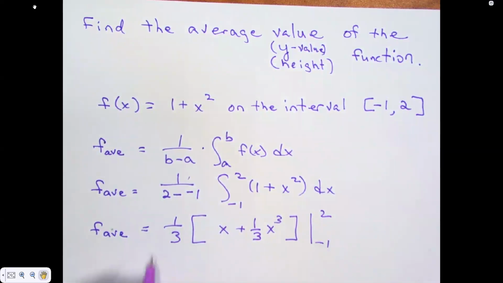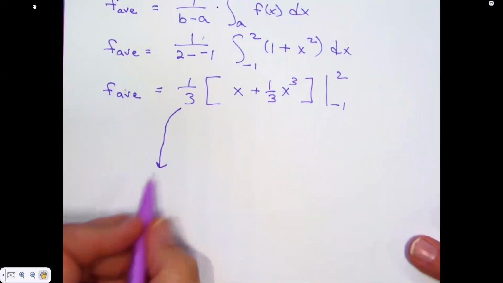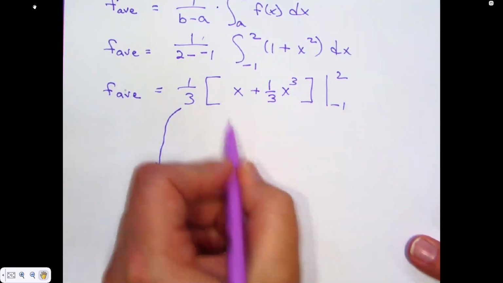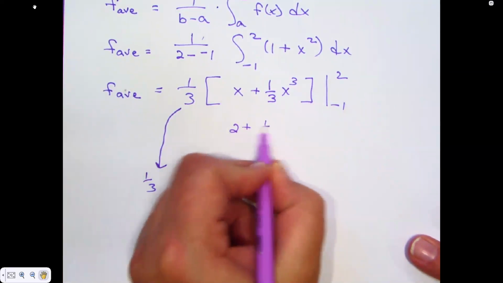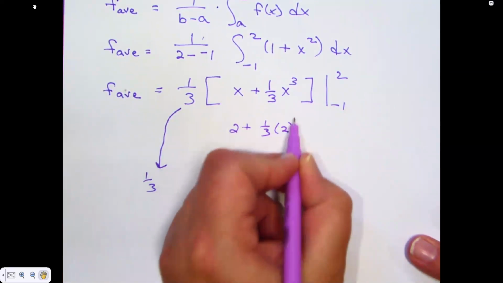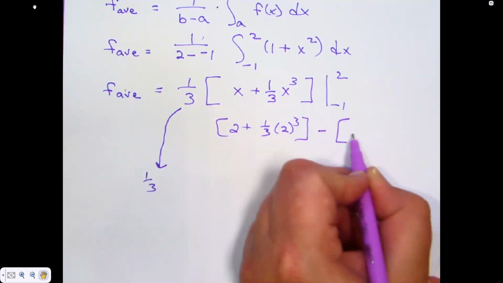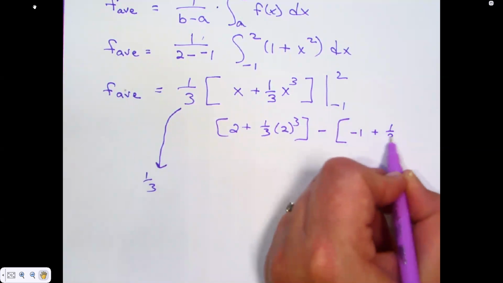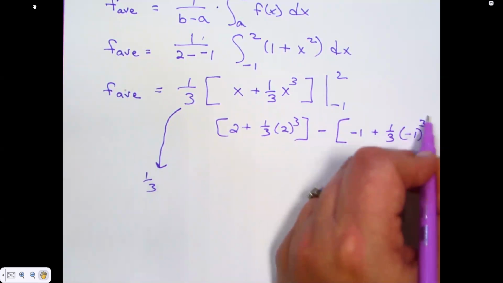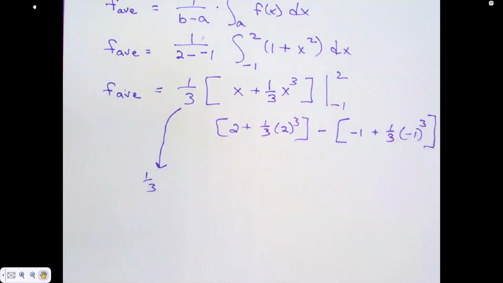It's up to you if you want to pull this 1/3 off and hang on to it. We can just plug in the 2, plus 1/3 of 2 cubed, and then minus, and then we plug in a -1. And then we work it out, and then we take it times the 1/3.